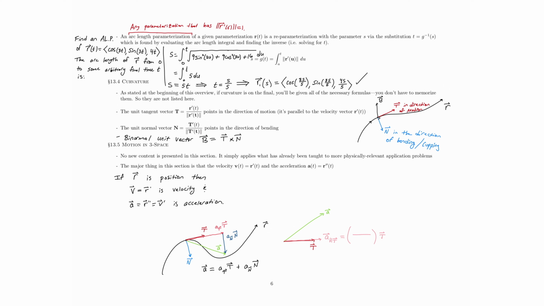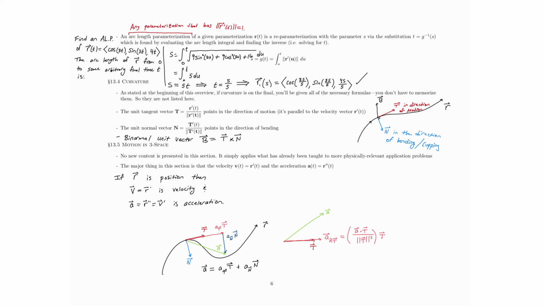That is the proportion, it's some amount times T. What is this number here? This is A dot T divided by the length of T squared.